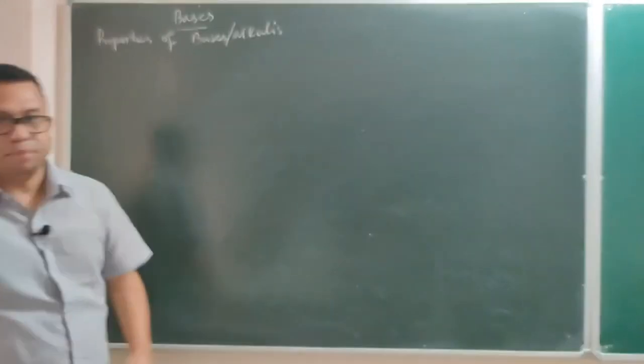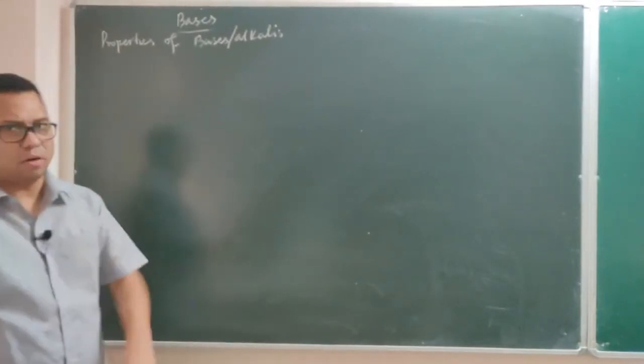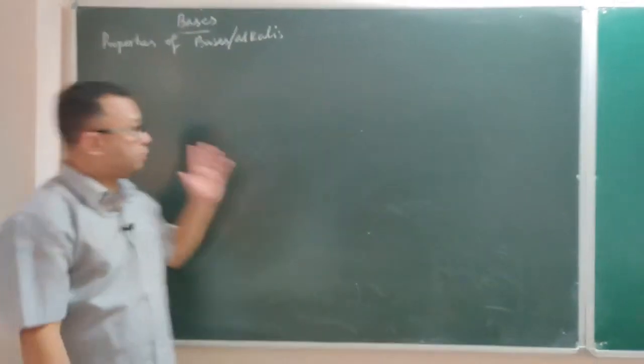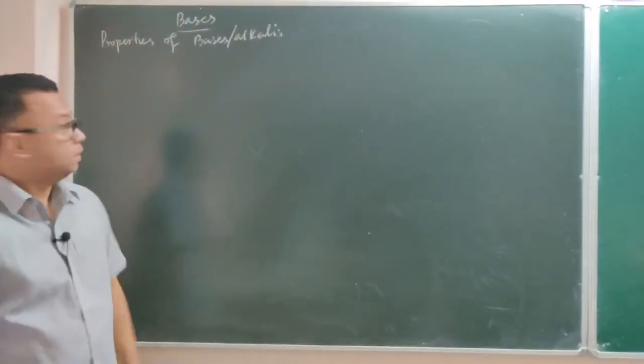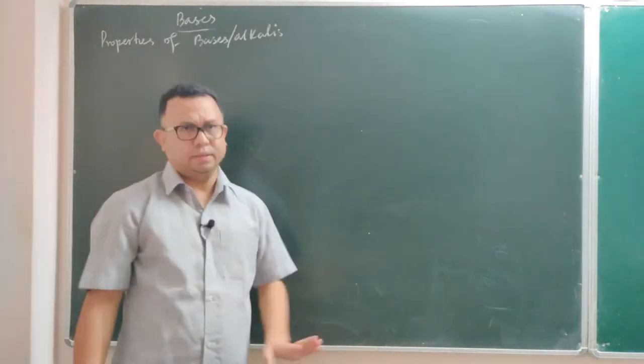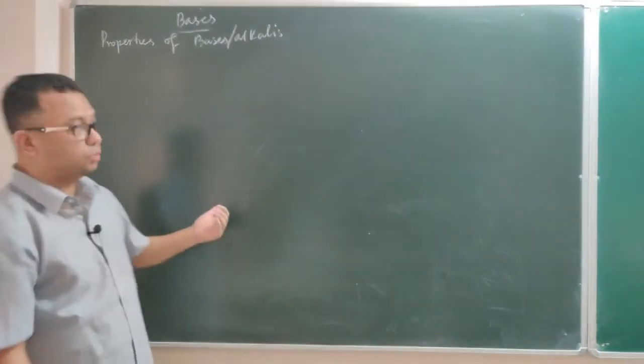Even though we say properties of bases, we are not going to see too many like acid. For acid we saw 7 of them, but here we are going to see only 4 properties of bases. More than bases, it is the properties of alkalis. You know alkalis are also bases, so don't forget that.